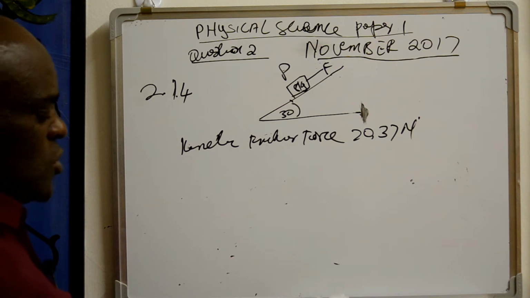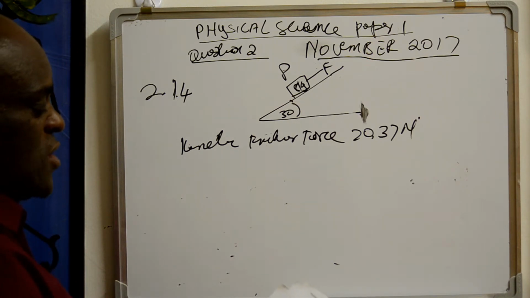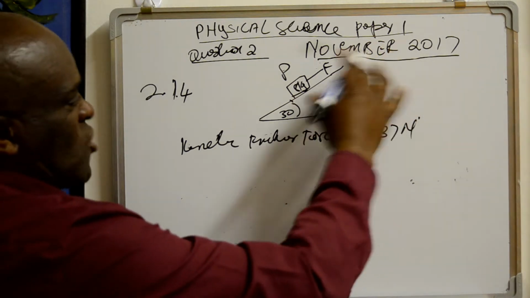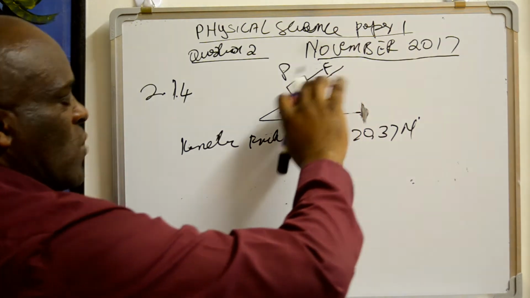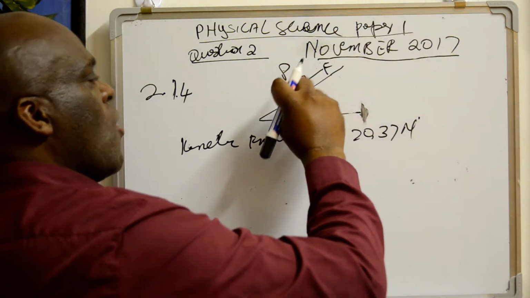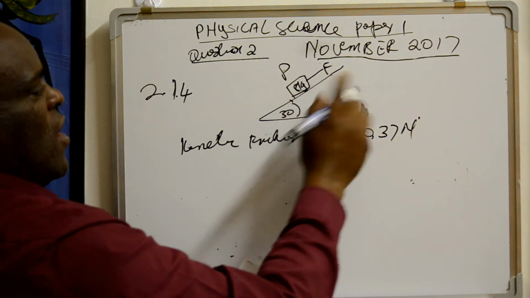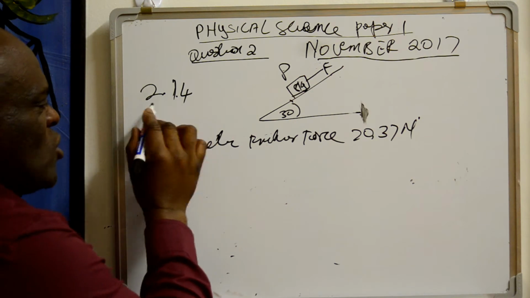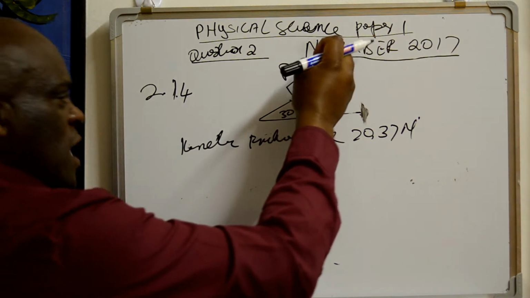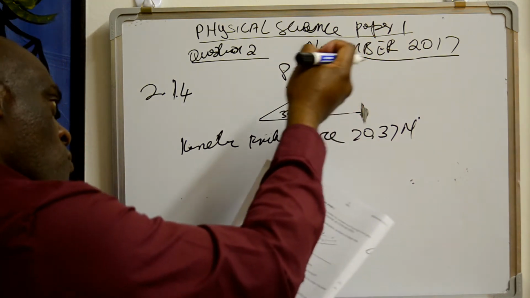In the previous question 2.13, velocity was constant when the object was on an inclined plane. So when the force was exerting on the 8 kg block, my acceleration was 0 in 2.13. But now in 2.14 they said you have taken the force out, then the block moves down.